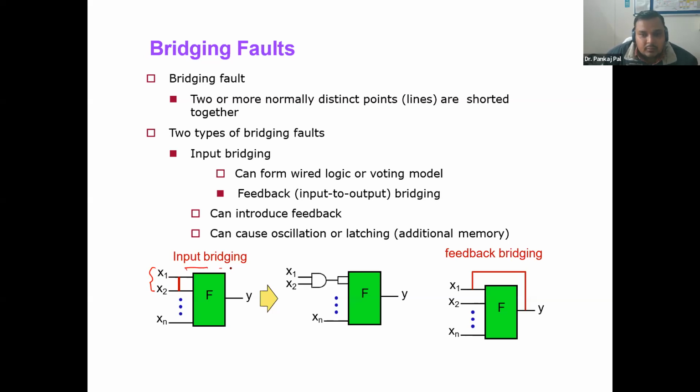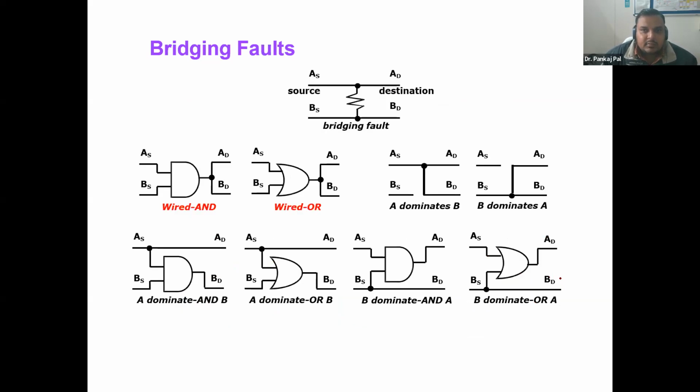This is called input bridging. There may also be a chance that the output is bridged with the input, and you will see there is a feedback path. Because of this feedback path, it will hold the data, like a memory. So there may be very severe situations. These are the bridging faults.